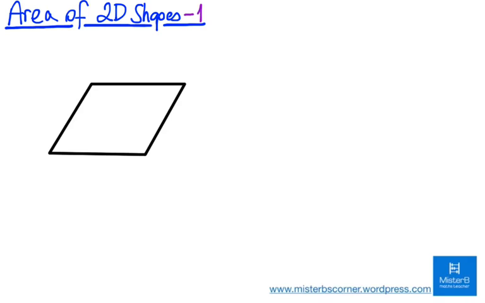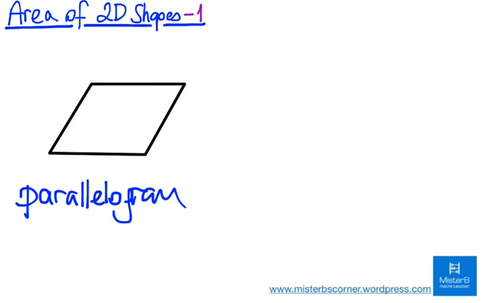What are we going to do if we have such a figure? Well, this shape is called a parallelogram because the opposite sides are parallel to each other. They never intersect. In this case, we're going to use the same method, just that I need to cut this parallelogram from here.